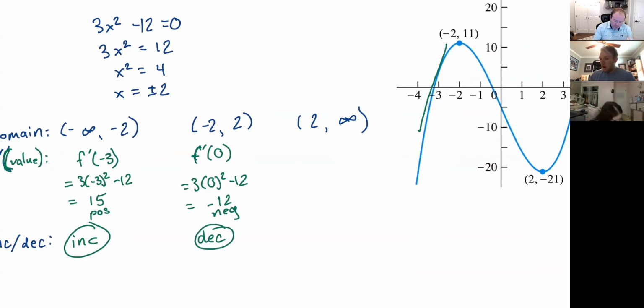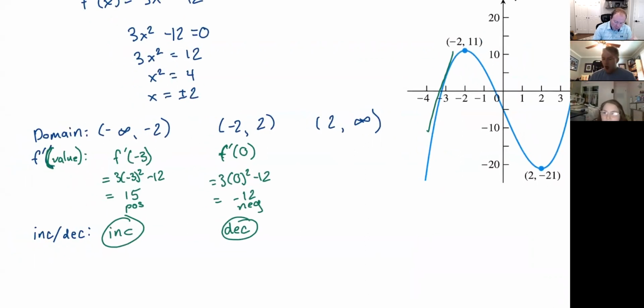Okay, and then if we did this for the last open interval that we broke the domain up into, let's say f prime of, again, any value in that interval is fine. I'm going to choose 3 because it's the smallest one that's easy to compute. So you would have 3 times 3 squared minus 12, which also computes out to 15, because the original function is odd, so the derivative is even.